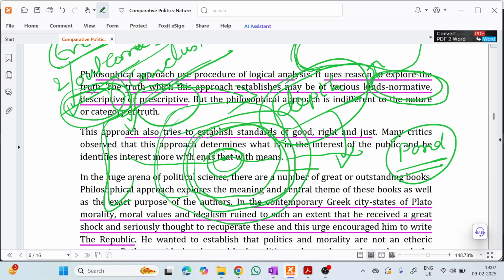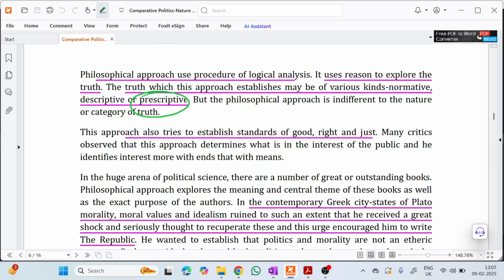And prescriptive truth is about how people should behave. If any actor, any subject should throw a stone in a water body, what should be the size of stone that should be thrown in the water body? What should be the ideal time of throwing stone? How should the events be recorded? How should a person behave?